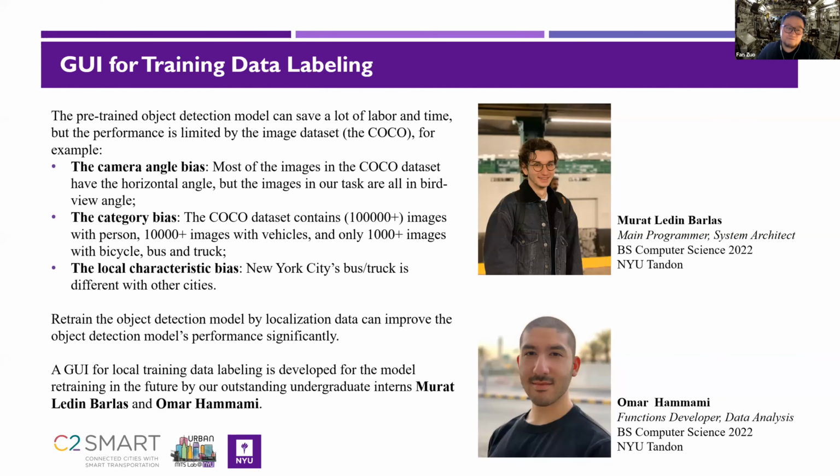And the third one is local characteristic bias, because New York City has different models of buses and trucks. If we use images of buses and trucks from worldwide models, it will not identify buses in New York very well. So retraining the object detection model with localized data will improve the performance significantly.